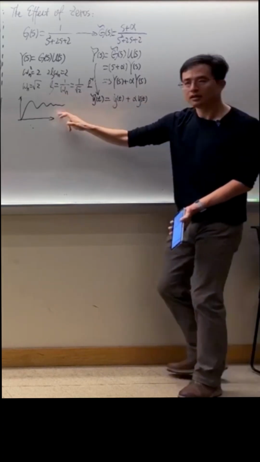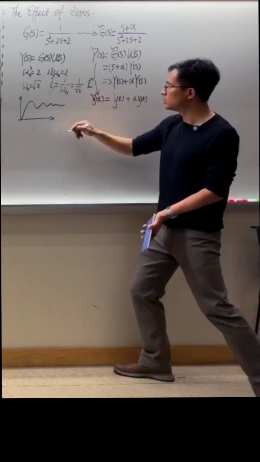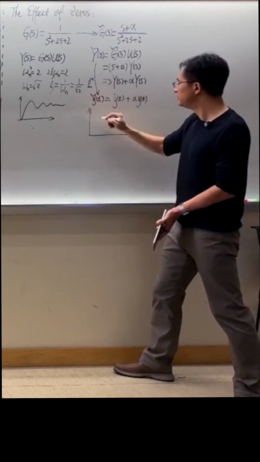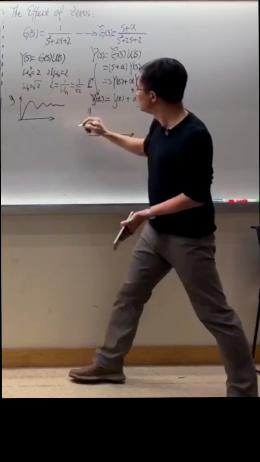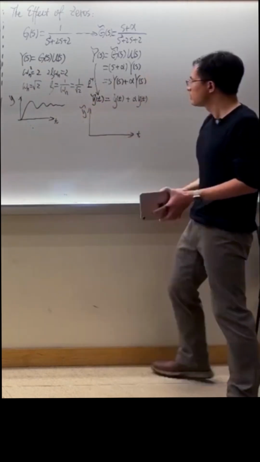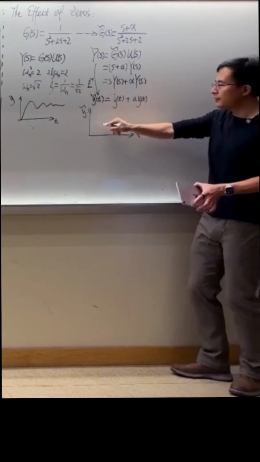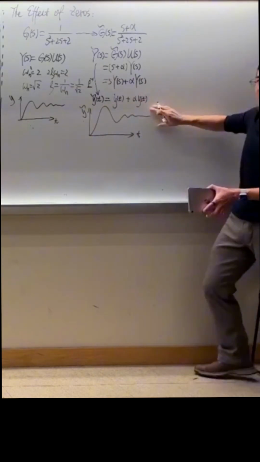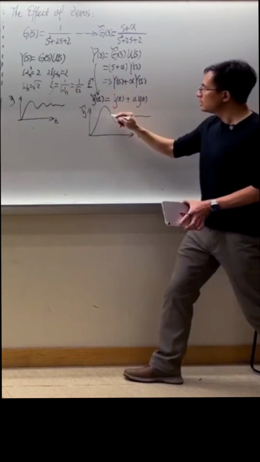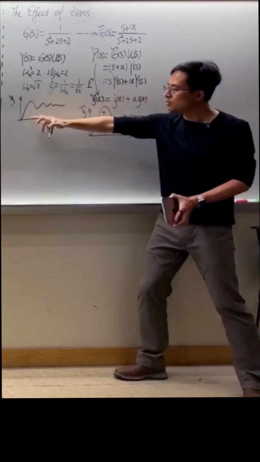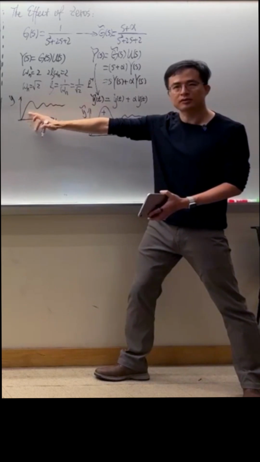So let's try to draw. I will draw on a separate plot. All right, so the scaling effect. Let's say it's something like this. That just scales the shape. So it's going to be the scaled shape plus a derivative term. Let's try to visualize how the derivative of this will look like.